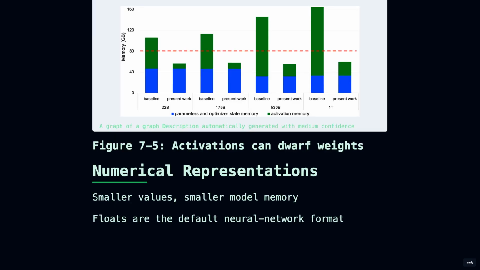Before we reduce memory, we need to understand the formats themselves. Neural networks usually store numbers as floating point values, and the FP family follows the IEEE 754 standard.